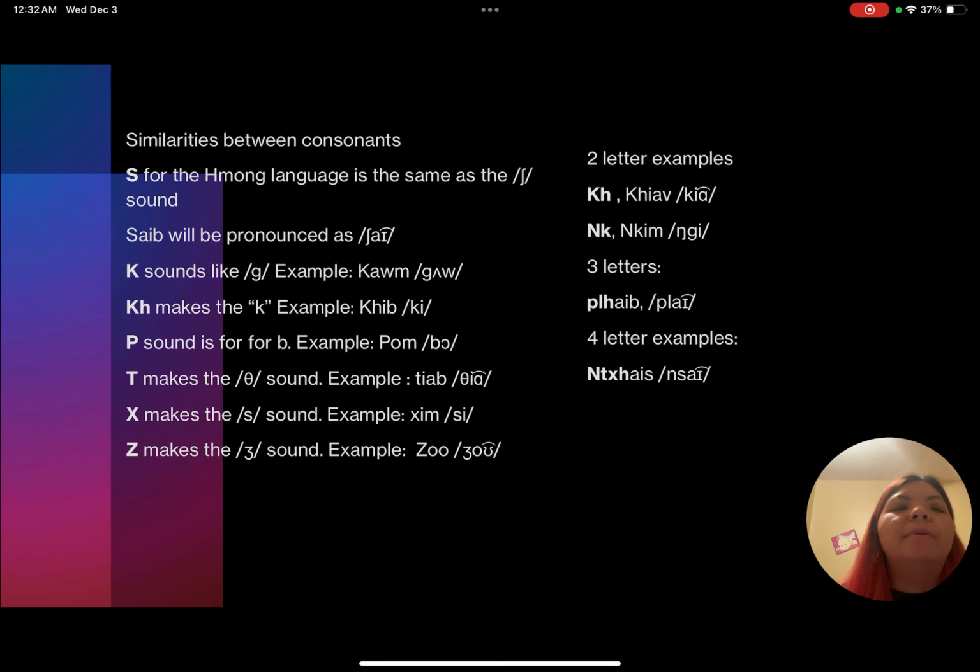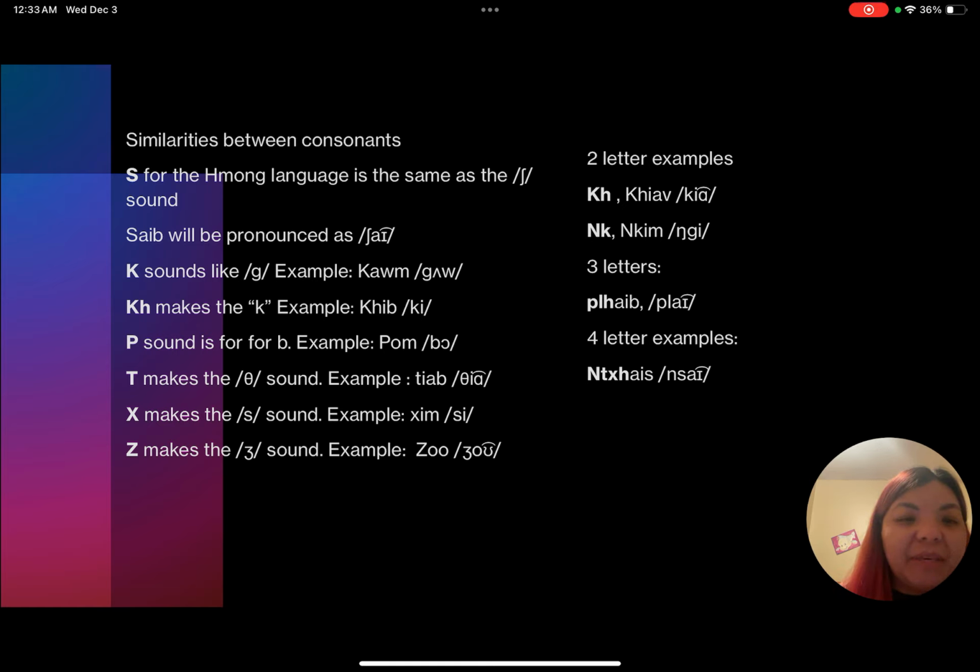If you add an H to the K, then you get that K sound. I put an example as key. The transcription is KI. Key means jealous, and it has the B tone. For G, I had the M tone, so you can hear the G.